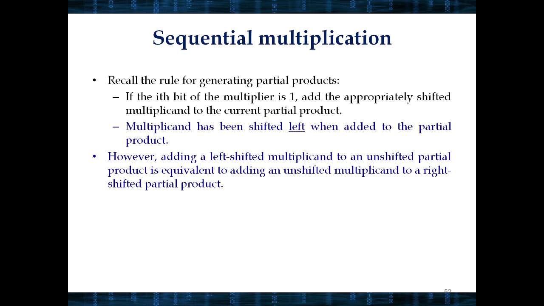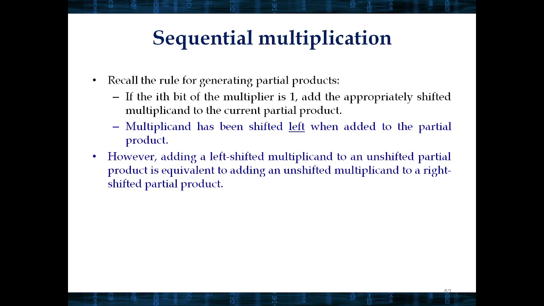To overcome all these drawbacks of combinatorial array multipliers, we have another procedure, that is nothing but sequential multiplication. Here, recall the rule for generating partial products. If the ith bit of the multiplier is 1, add the appropriately shifted multiplicand to the current partial product.